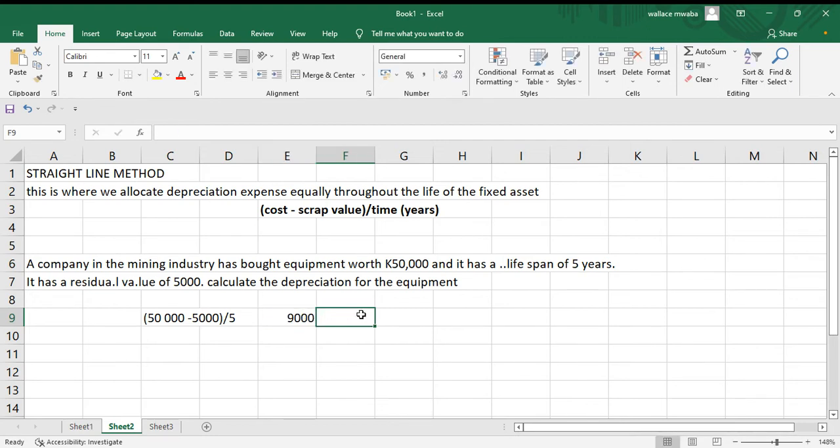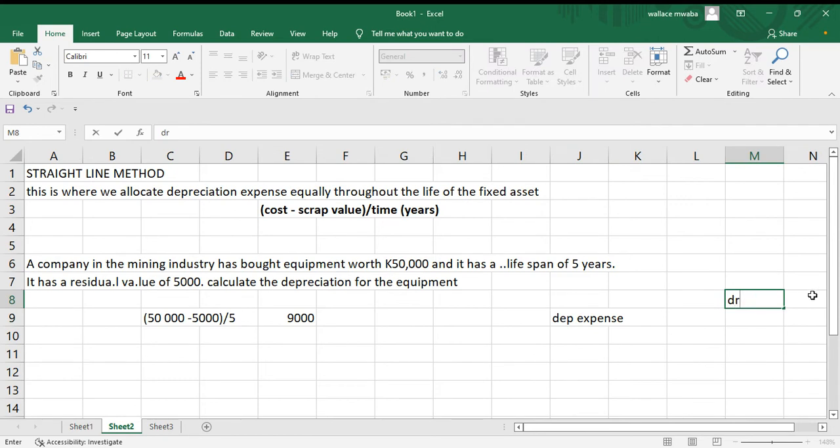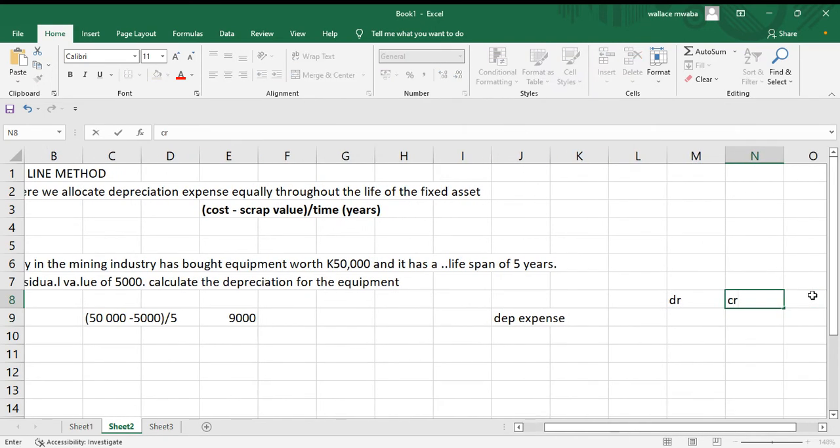The journal entries for depreciation are, you're always going to debit the depreciation expense, and you credit the accumulated depreciation, always.